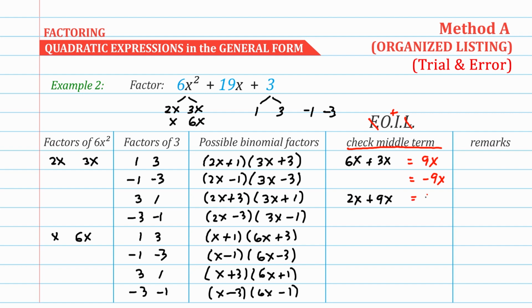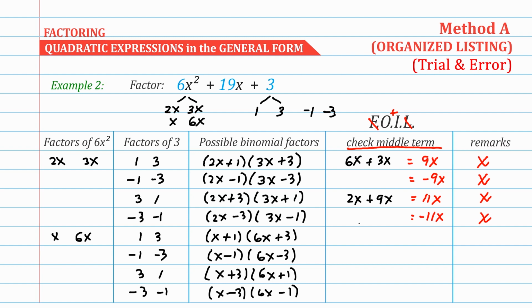If you add them, it's 11x, which is, again, far from this one. So, this is wrong. The next one is still incorrect. Buti na lang we learned from our previous example, we don't really need to get outer plus inner. This will just be negative 11x. Again, wrong answer.